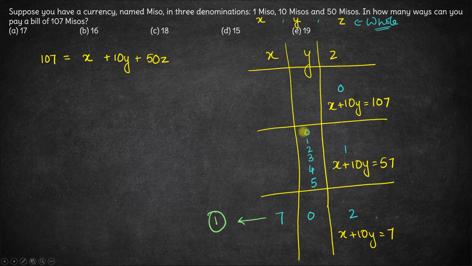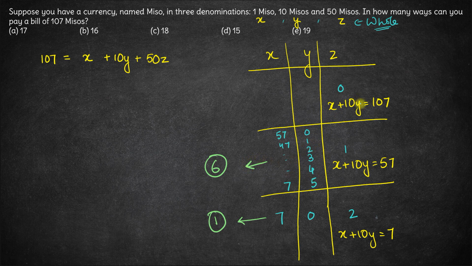So here Y will take 6 possible values, and if Y is 0, X will be 57, if Y is 1, X will be 47, and so on till if Y is 5, X will be 7. So from here we get a total of 6 possible values.